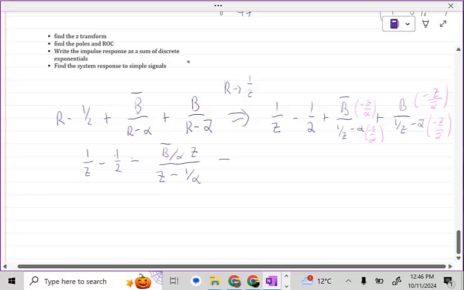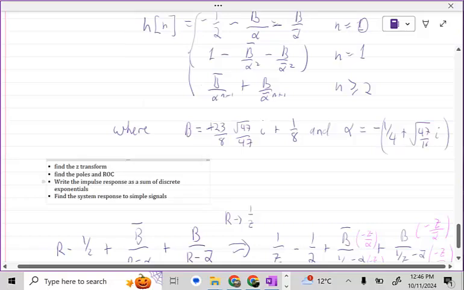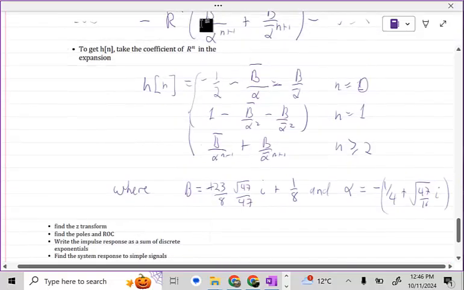And then I have minus b over alpha bar times z over z minus 1 over alpha bar. And you notice that these roots here are exactly the powers that are showing up. All right, so that's interesting.